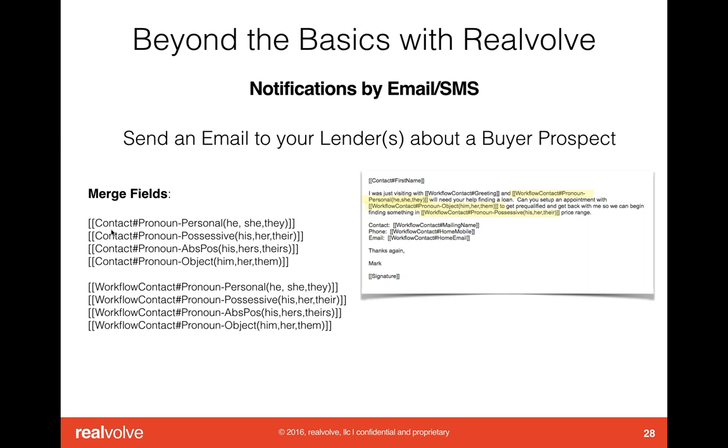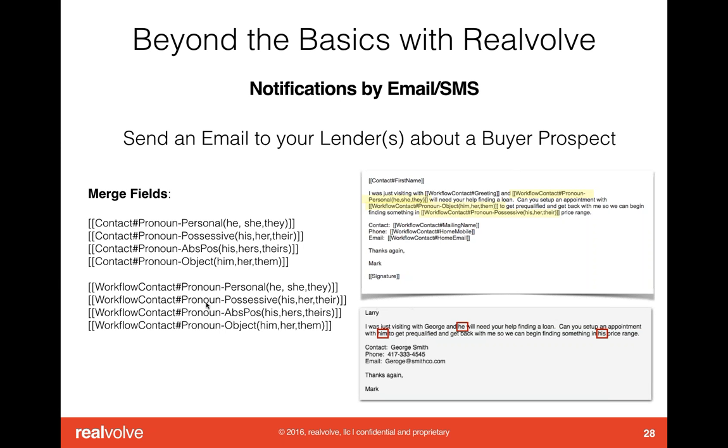So in this case, I'm not going to want to use the contact pronouns, because the contact pronouns is going to Larry, and there's no need for me to use those pronouns for him, unless I was also referencing him back to the person working on the workflow itself.